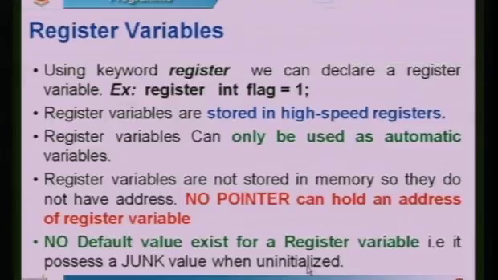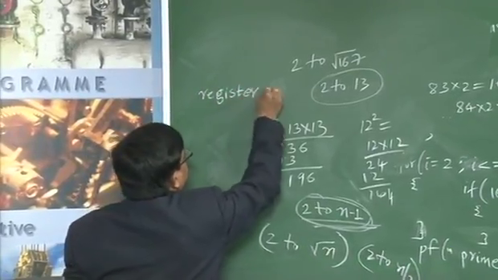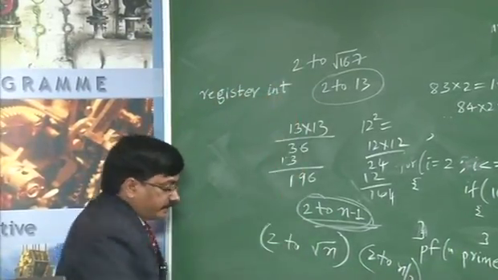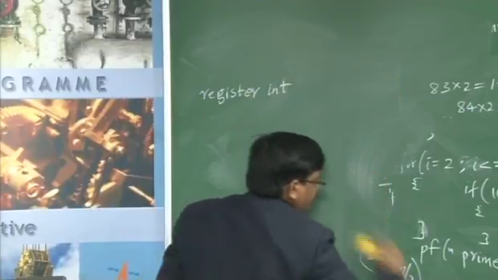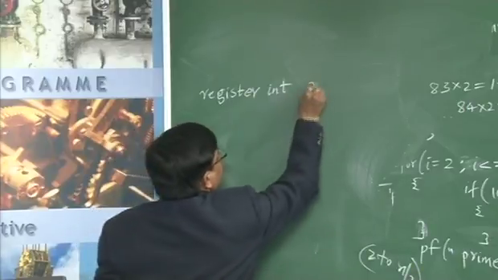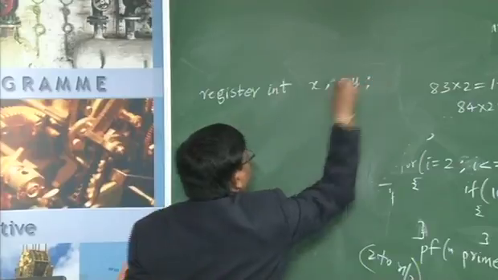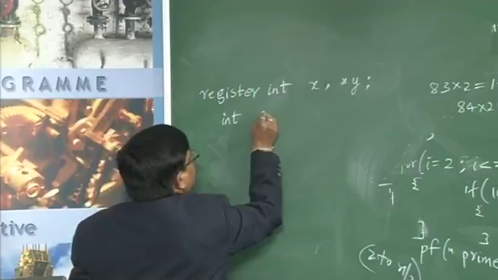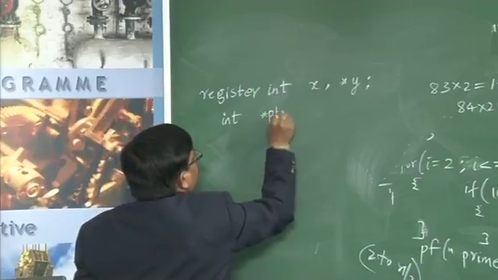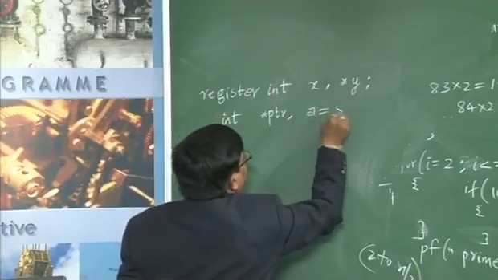Let us see what exactly it means that they do not possess an address. If I declare register int x and register int *y, then I can declare int *ptr, and say for example int a = 5.